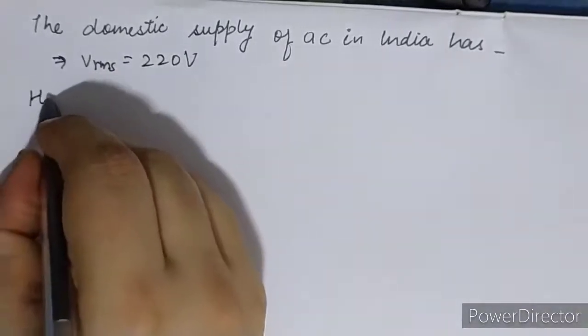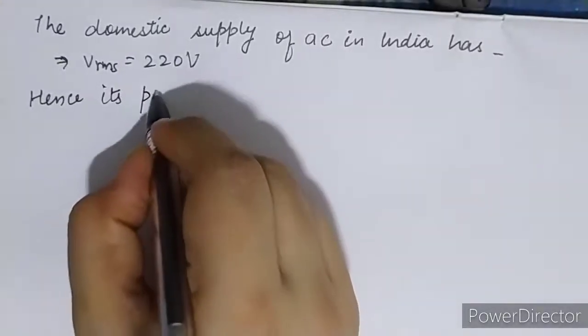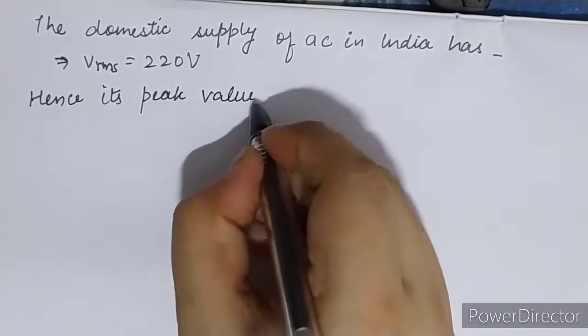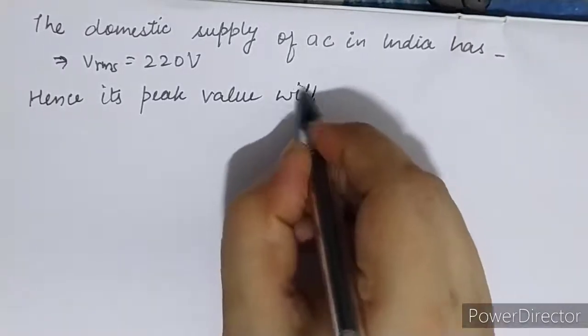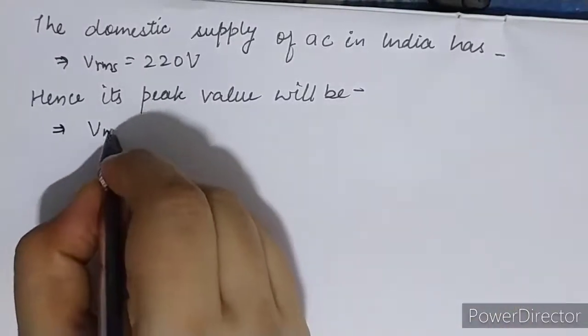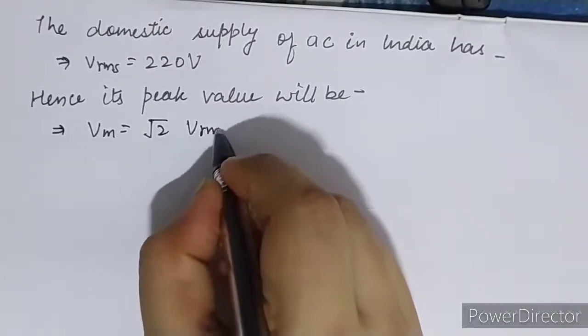Hence its peak value will be Vm equal to root 2 of VRMS.